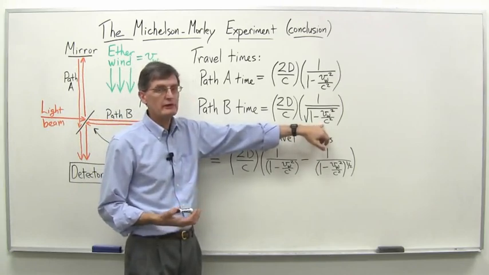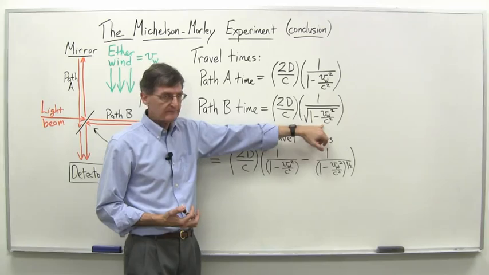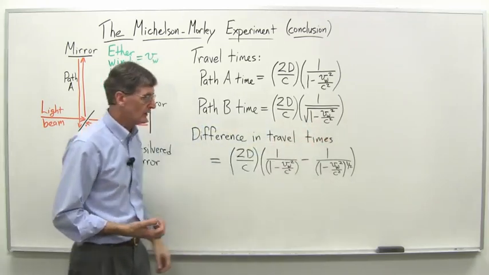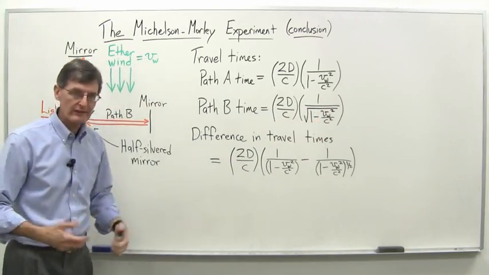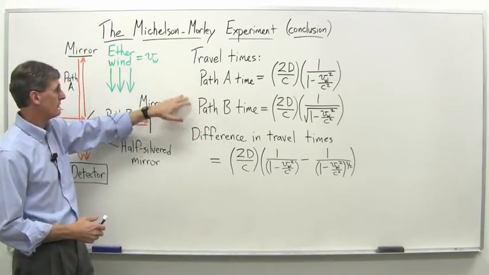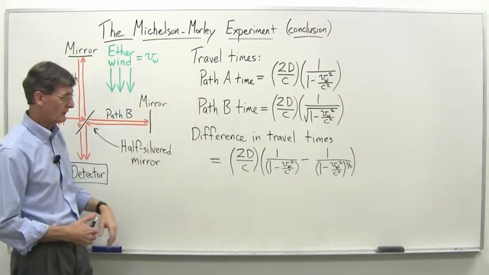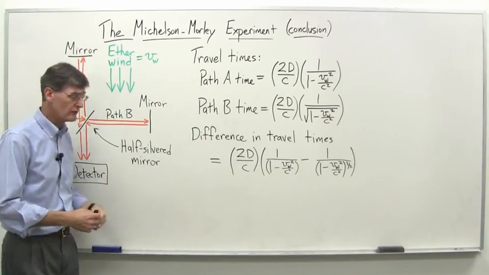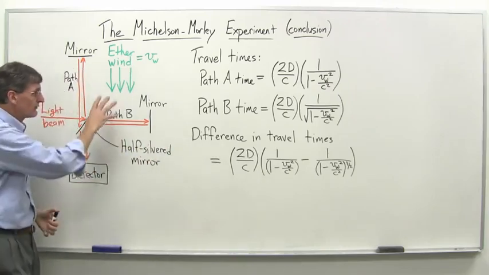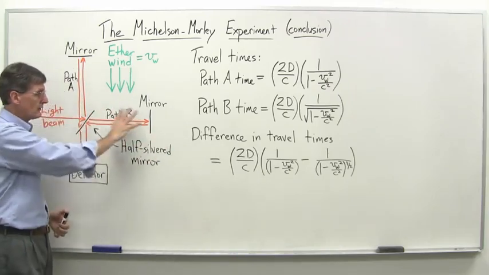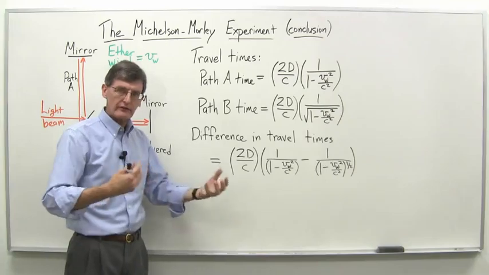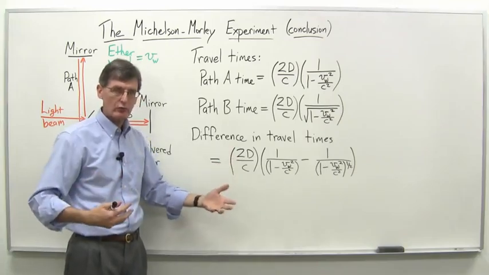It's 300 million meters per second, which is about 10,000 times faster than the speed of the supposed ether wind here. So path A time, path B time, the tailwind, headwind, and the crosswind time. What we'd like to do is figure out the difference in travel times. What's the effect of the ether wind on the light? And again, this goes back to some of our qualitative analysis of how waves work.